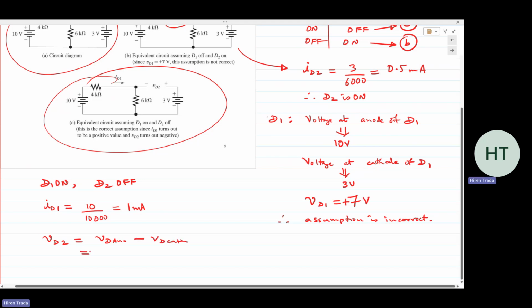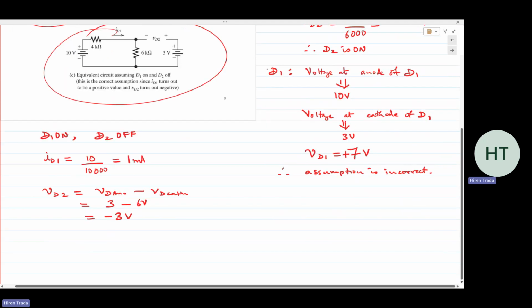And that would turn out to be 3 minus, well, actually 3 minus 6 times 1, 6 volts. So minus 3 volts. VD2 turns out to be negative. Hence, our assumption is correct.